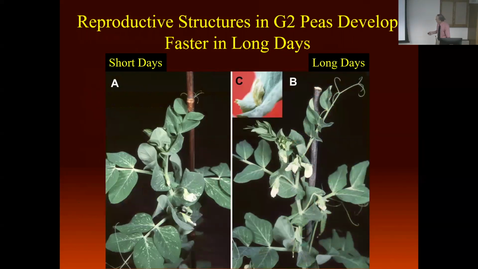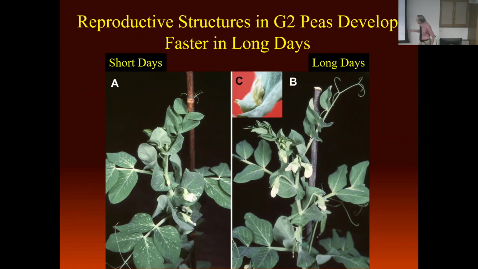So we then looked at the morphology, and actually what you see is a difference in speed of flower and fruit development. In long days, the flowers and fruits develop much more rapidly. So they are getting a signal that they are not getting in short days. And so here the apex keeps growing.